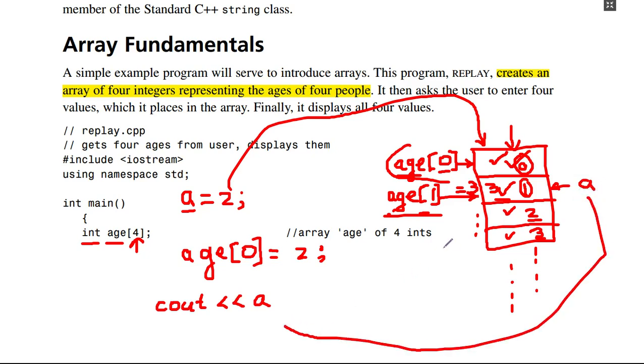Similarly, since we are calling this age 1, if you want to print this number, simply call the name of this location. So cout age 1 would simply print out whatever number is saved in this location. So if you want to retrieve the number, you write this. If you want to load some number into this place, you just write it this way.